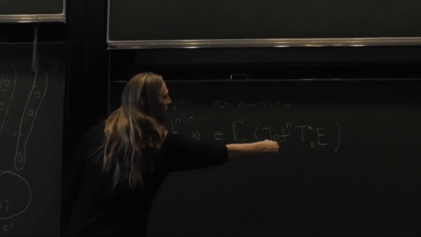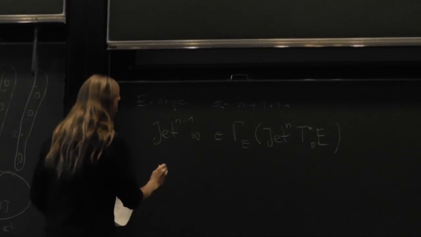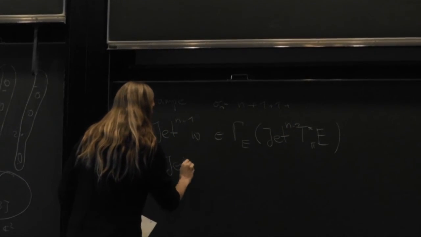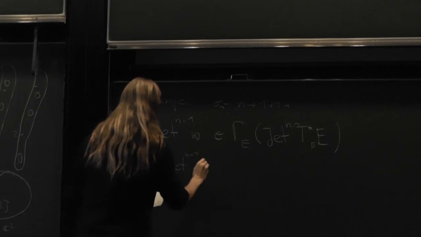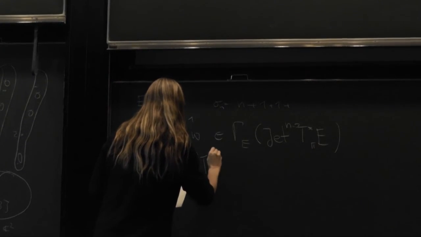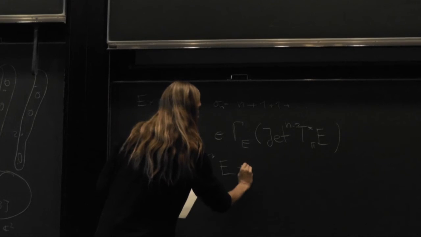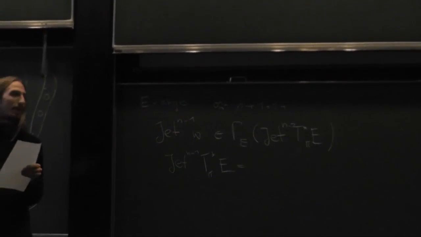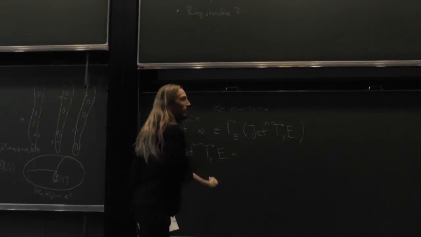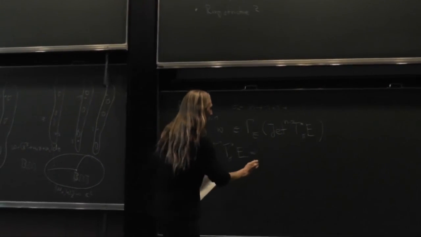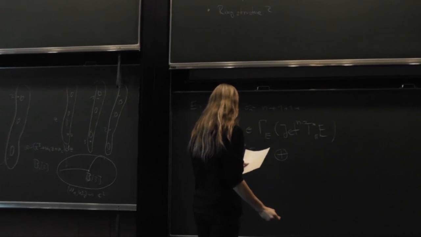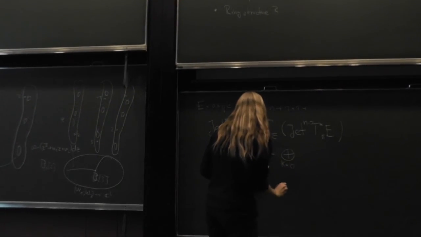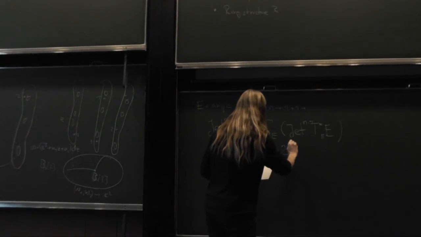So this bundle here, can you understand this? That's n-1. Well, elements in here are just like power series expansions up to order n-1. So it's a direct sum from k equals 0 to n-1.